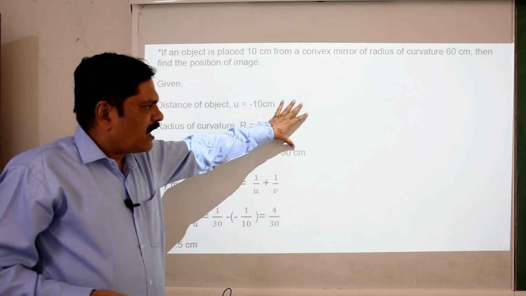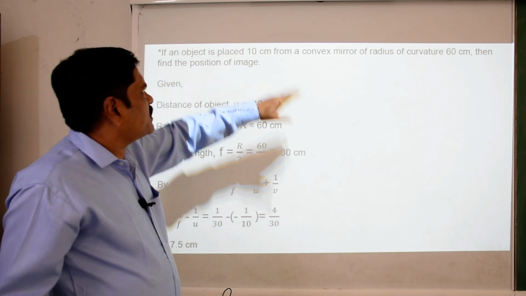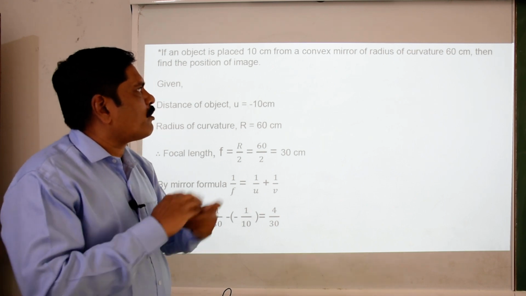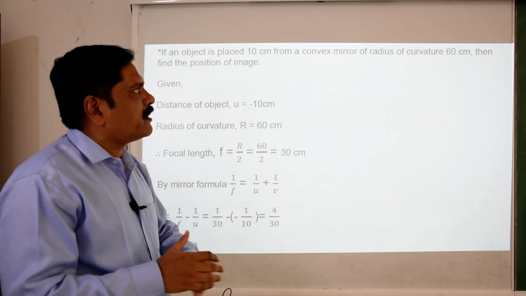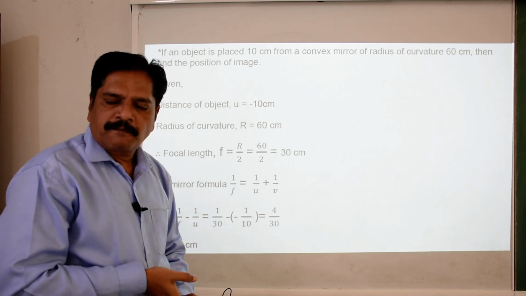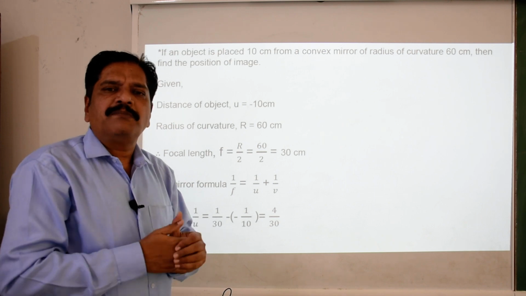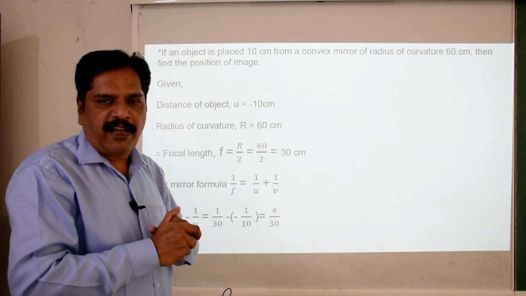Here I am solving one example. If an object is placed 10 centimeter from a convex mirror of radius of curvature 60 centimeter, then find the position of the image. When you have this question, immediately focus on a few facts.